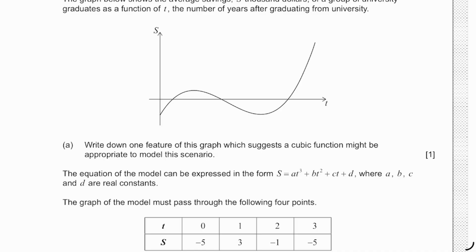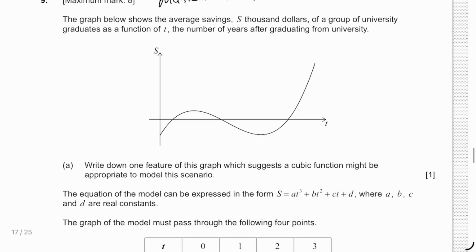Cubic functions are always like that, guys. So we have maximum and minimum values. Basically this is the idea, maximum and minimum values, because we have a maximum amount of saving and a minimum amount of saving, for example, after graduation. So, for example, you can save more money in university and less after, something like that.